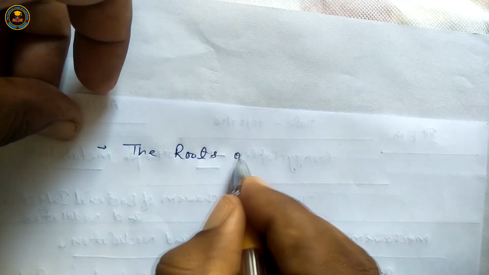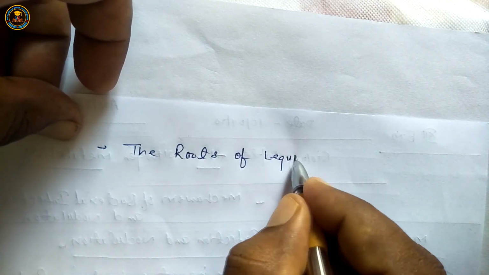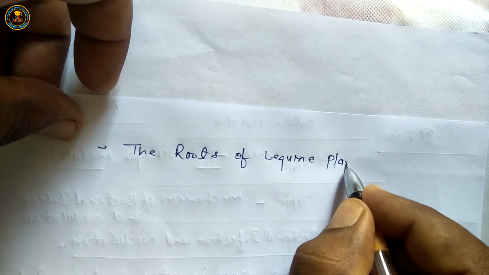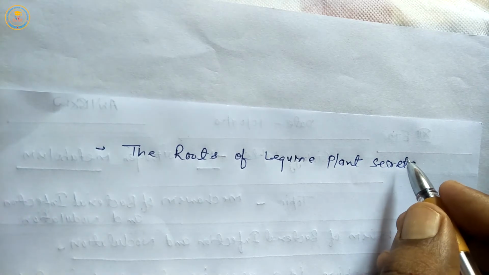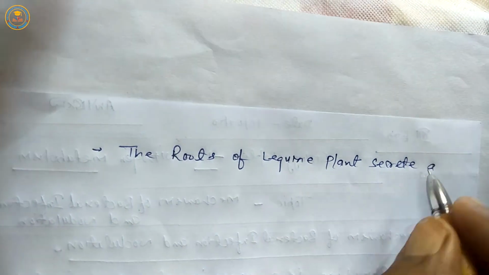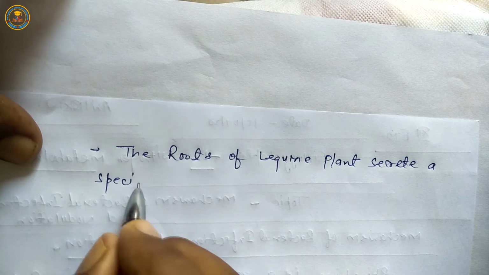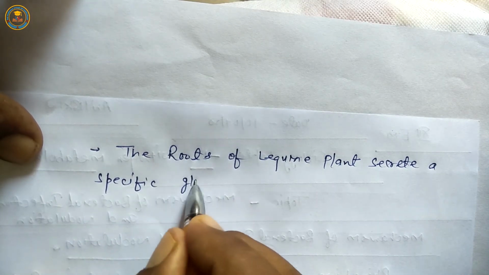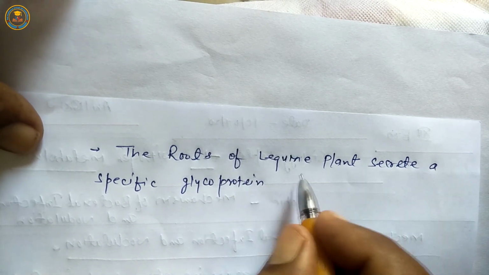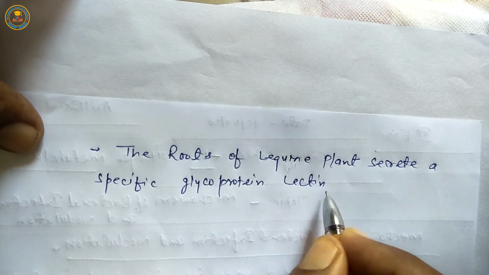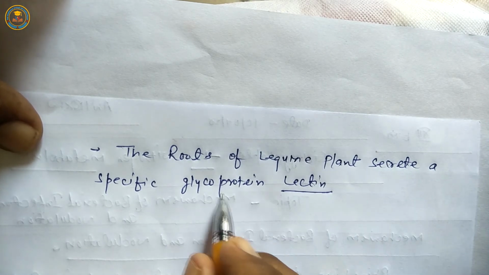So the first step is the roots of the legume plant secrete a specific glycoprotein lectin. Students, what is lectin? Lectin is a glycoprotein.